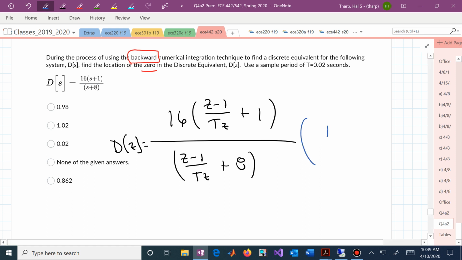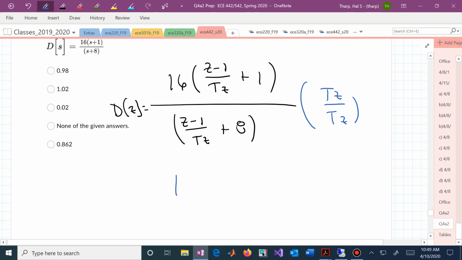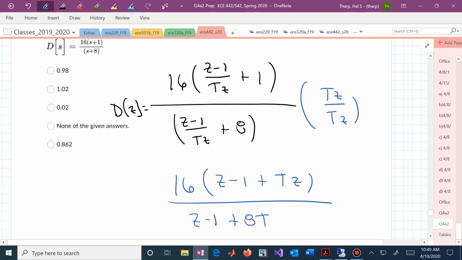That can be cleaned up a little bit by multiplying by 1, and now I have in the numerator 16 times z minus 1 plus Tz in the denominator, which I'm not that worried about because of the question that's being asked. It's being asked for the zero. Now I can focus on that, and I know that z minus 1 plus Tz is equal to 0.